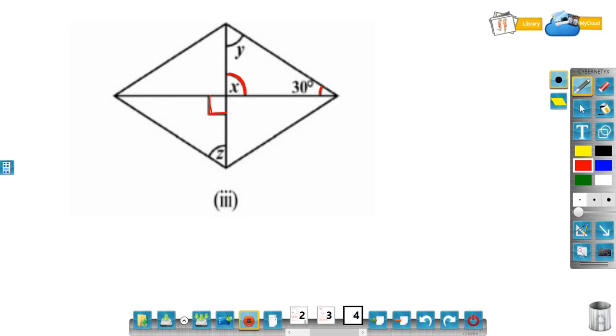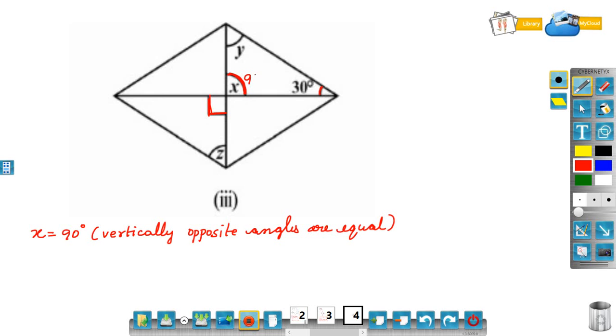So angle x is equal to 90 degree because vertically opposite angles are equal. Therefore x is equal to 90 degree. Now we got the measure of angle x.